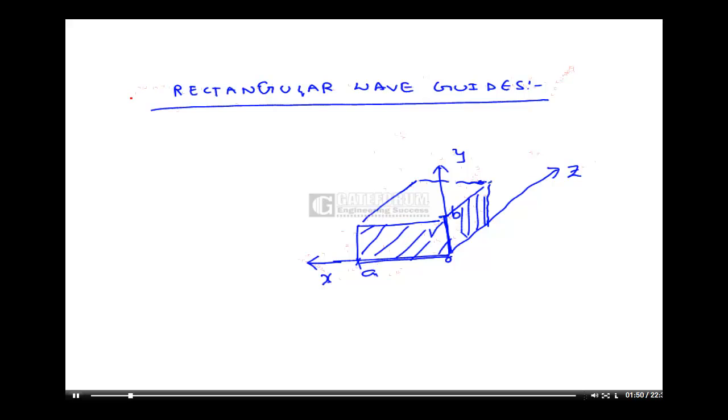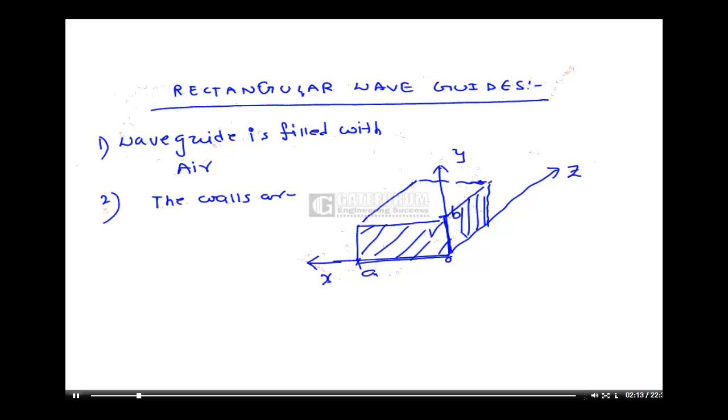Generally, for our analysis, we will assume the waveguide is filled with air. That is the first assumption. And the second one is that the walls are perfectly conducting.